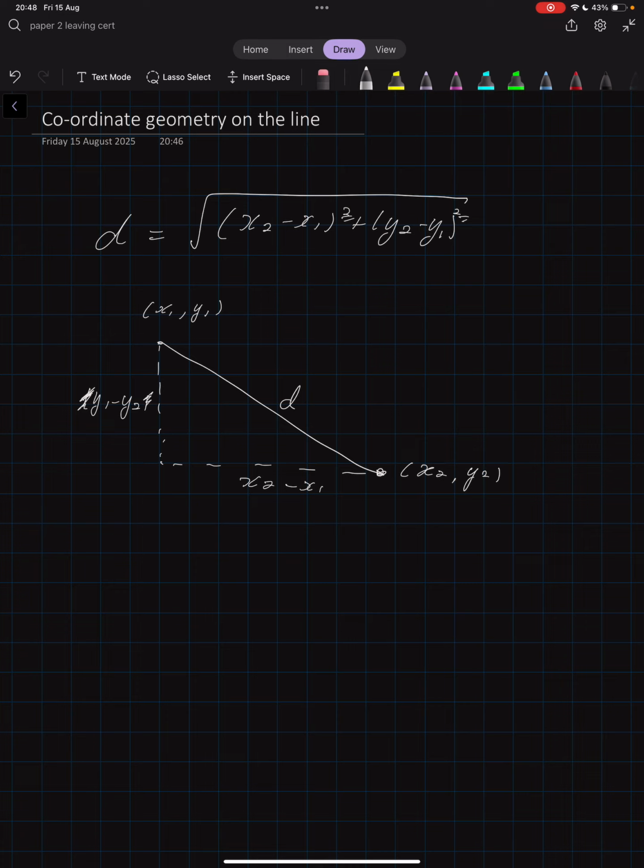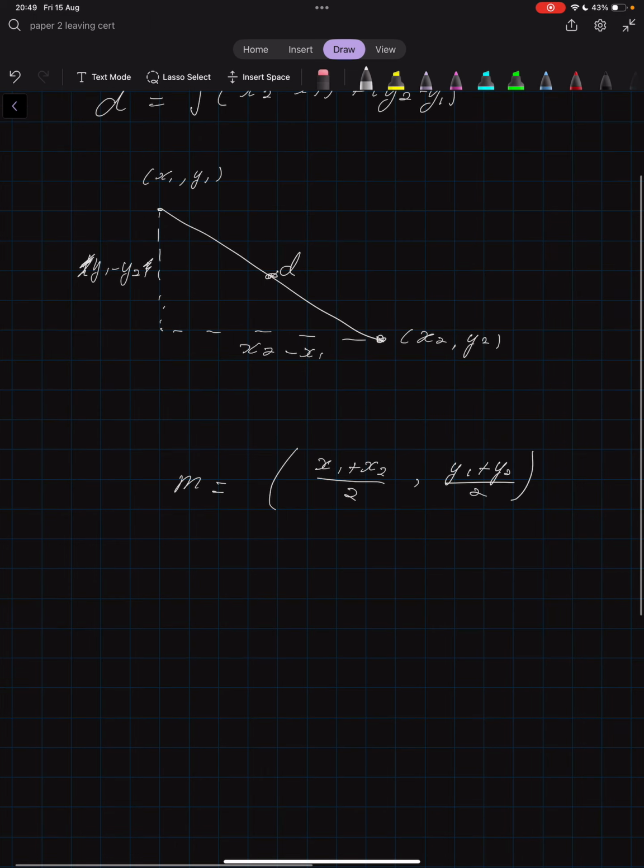The midpoint of a line: if I ask for the midpoint, m is quite simply an average of the x values, and an average of the y values. And that's it. And then the slope.